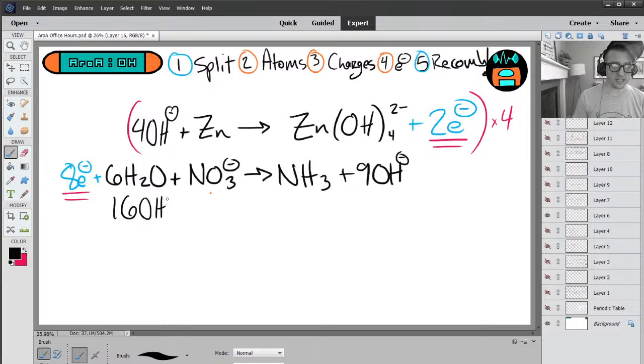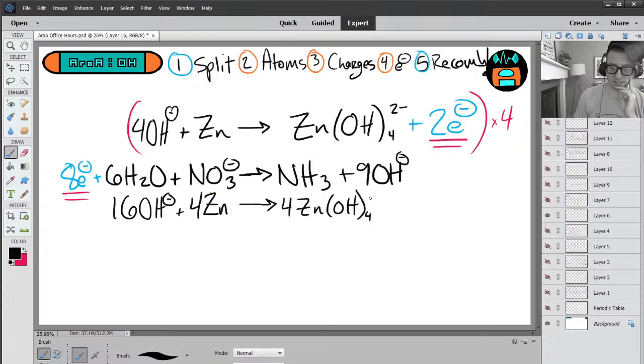So 16 hydroxides plus 4 zincs. And then we go for zinc hydroxide complexes, and then 4 times 2 is 8.